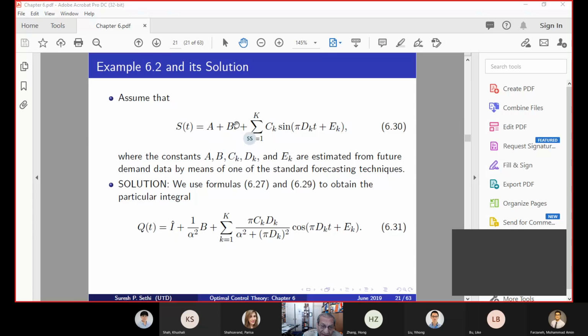The trend is B times T. So there's a trend in the demand, that is a growth in demand at T. Plus there is a seasonal factor, which is given by the sinusoidal function. And then there is some trend in the seasonal factor as well, which is given by this particular T. So you have the sinusoidal function and this and this. Even for this complicated formula, we have a particular integral given by that.